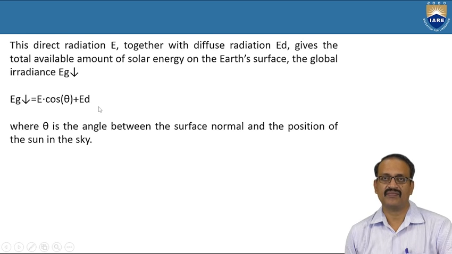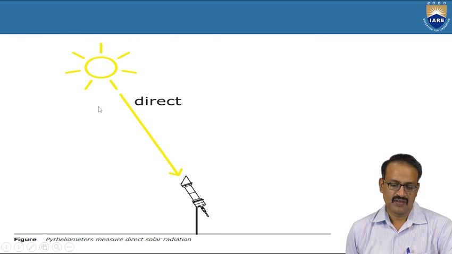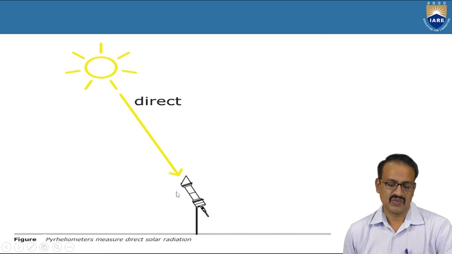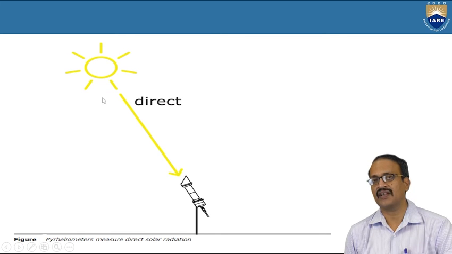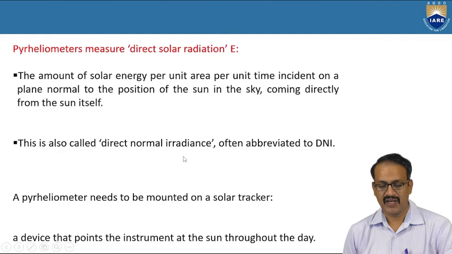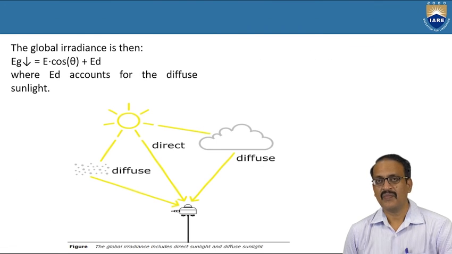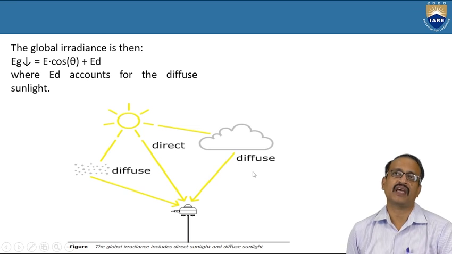So here you can see, it is only taking direct radiation. You can observe, only direct sun rays it is taking. If you go back and observe the pyranometer, it is taking the diffused radiation also. So this is the main difference.